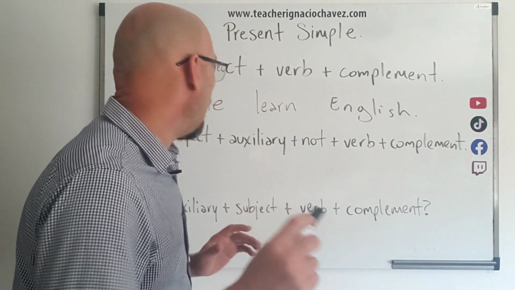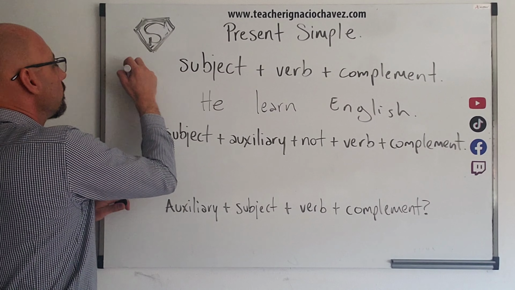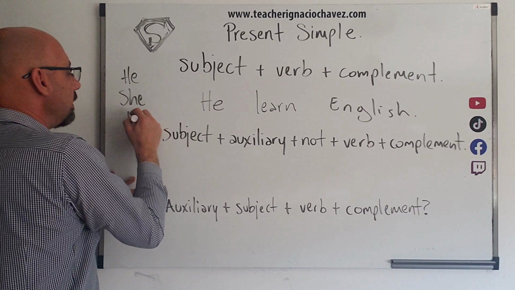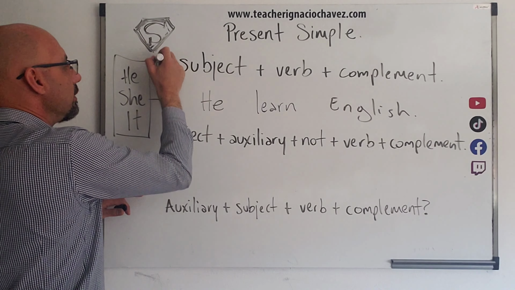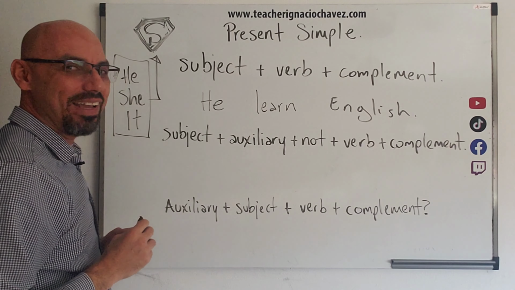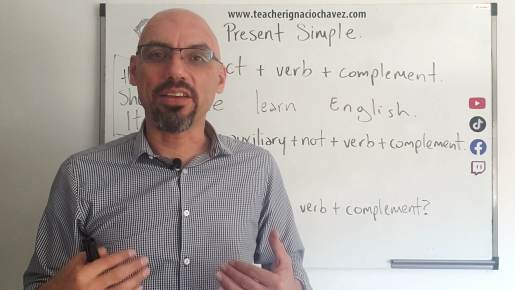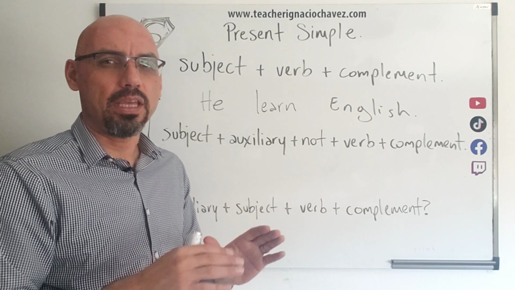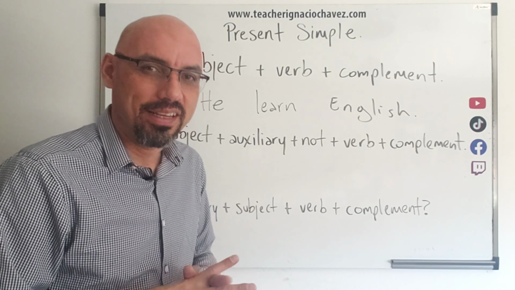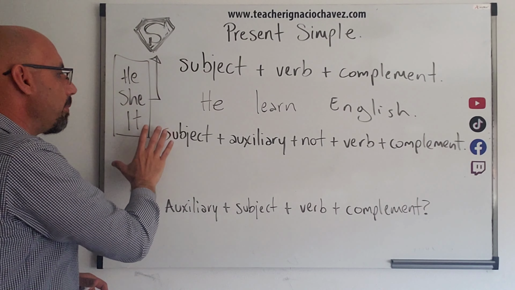And I want you to think about he, she, and it as the super persons. Okay? That's the name I give to them, super persons. That is not an English thing, that is my invention. And I want you to remember that, super persons.